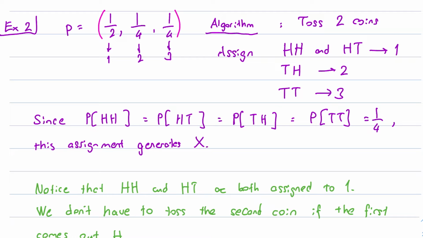HH and HT are assigned to 1, and TH, tail and head, is assigned to 2, and TT is assigned to 3. And if we write down the probability of each assignment, we see that we exactly match 1/2, 1/4, and 1/4. Therefore, in this case, again, we can generate a random variable by just tossing two coins.